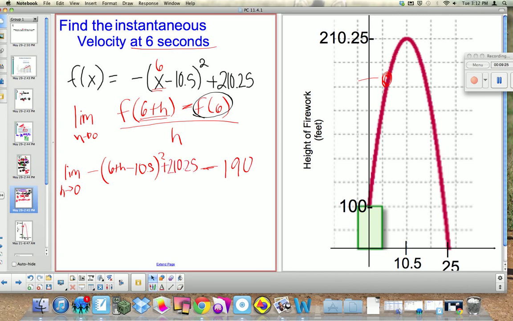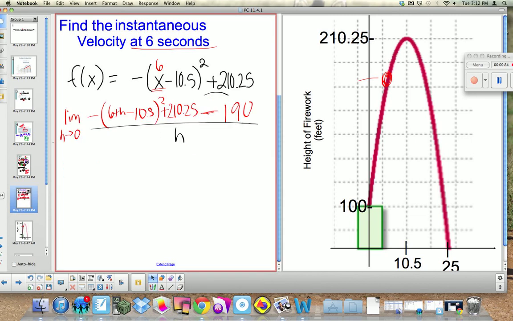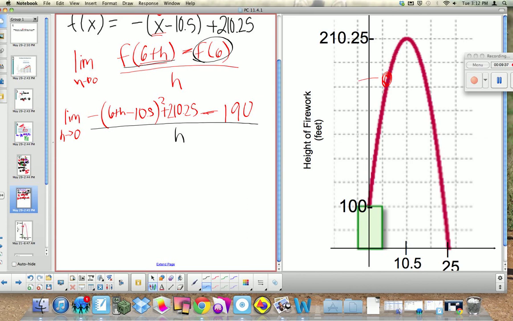That whole thing represents f of 6 plus h. And it's still over h. So I have some work to do in simplifying this. And again, it's just pure algebra at this point, just knowing how to square things.